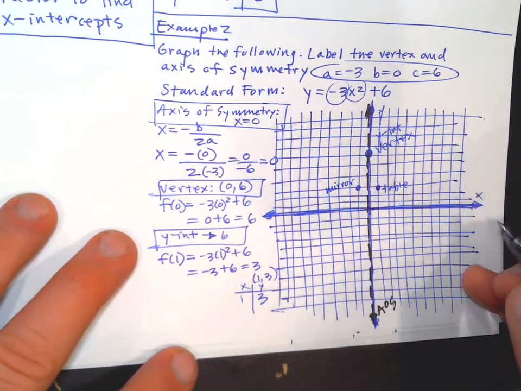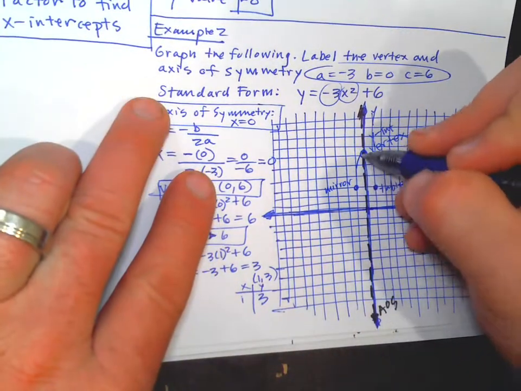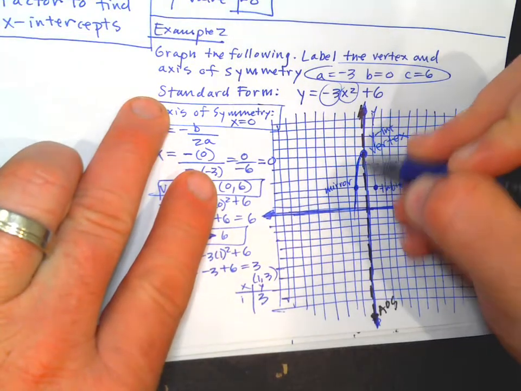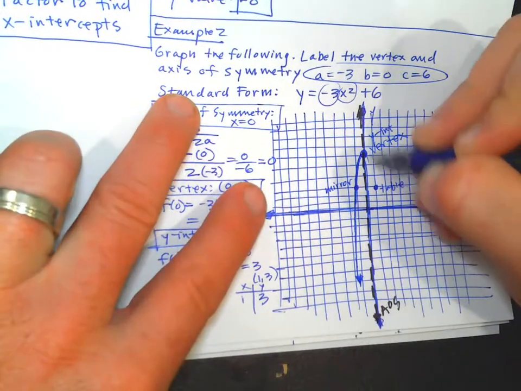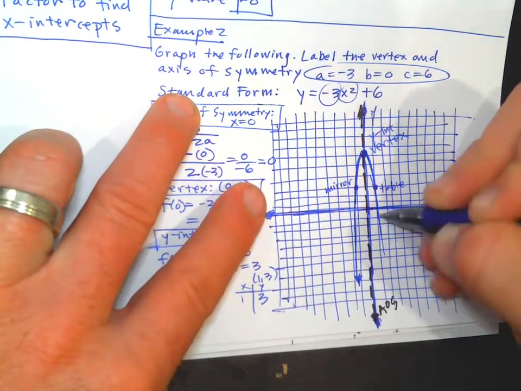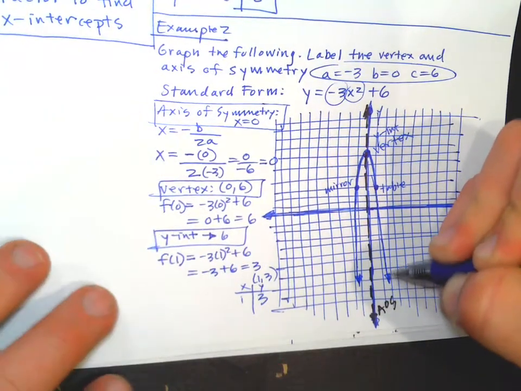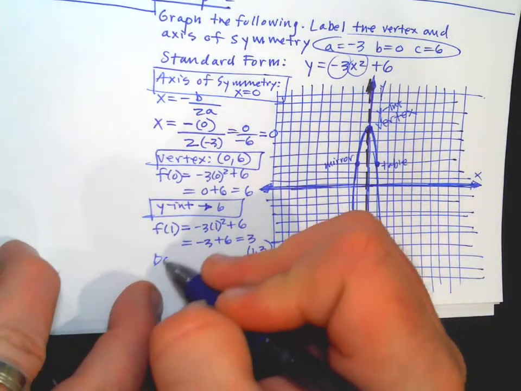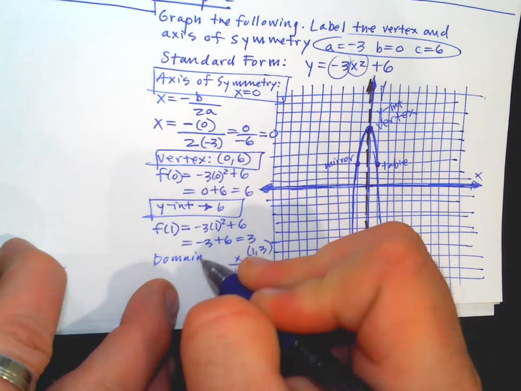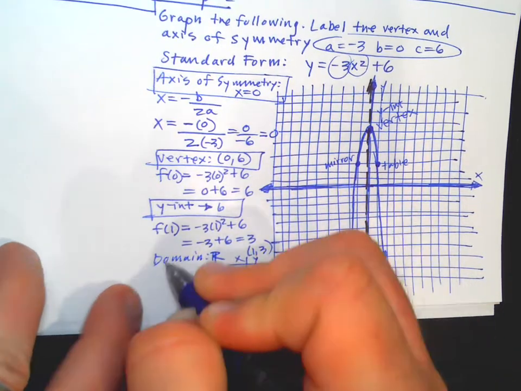You don't have to do a table to get that other point because you know that these parabolas have this kind of mirror. The left half looks just like the right half. Put some arrows on the ends. Now we got a couple more questions to answer about this guy. We got the domain, which is all reals again.